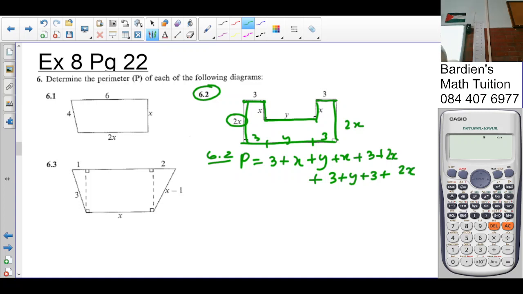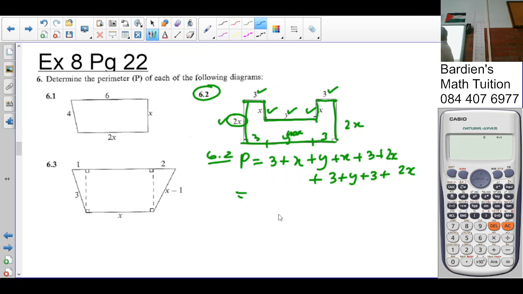What do you have, Michael? You got 3 plus 3 plus x plus x plus 2 plus 2x plus 1 plus 1y, and then you added the sum.